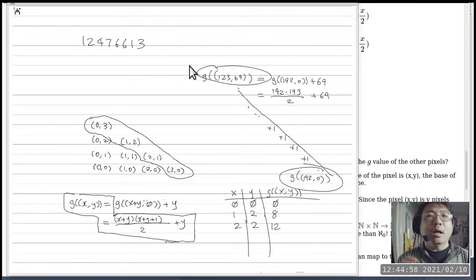I don't care how it is done. I don't care how you figure out g of some xy equals this particular natural number. I don't care how you figure out what is the x and what is the y. I'm just asking, how do we know there exists a pixel, xy, such that the g value of that pixel is this number?